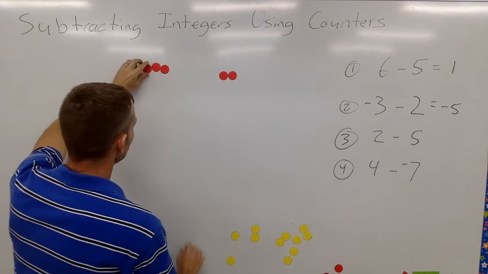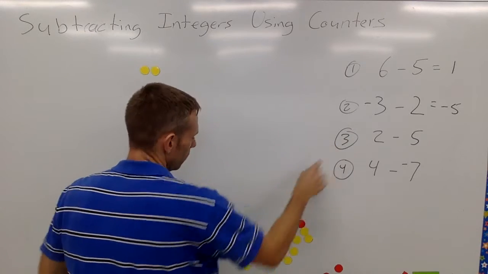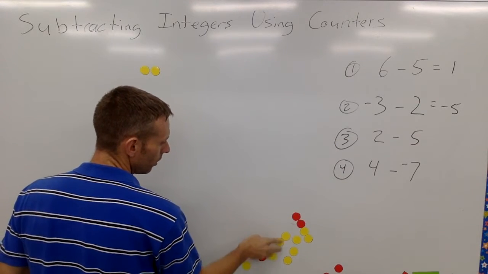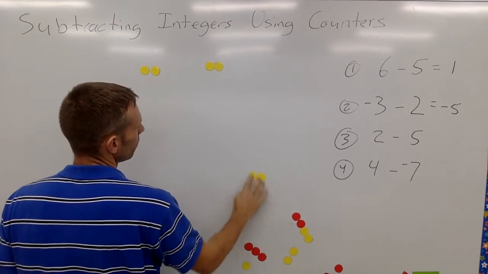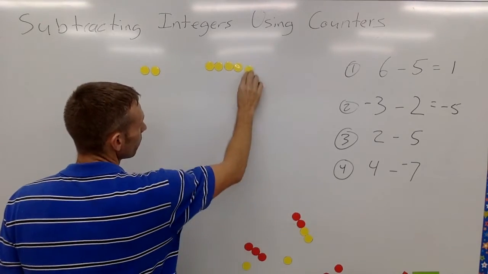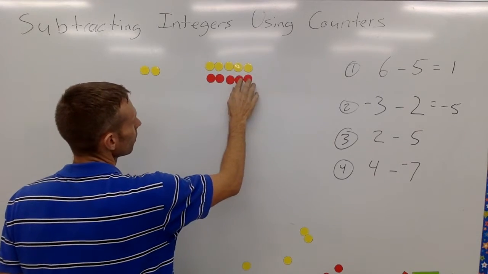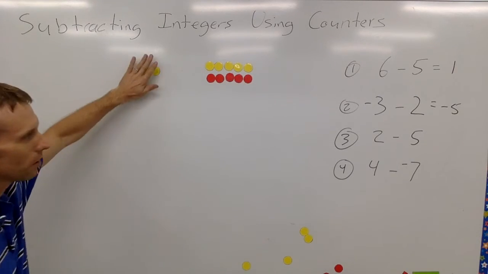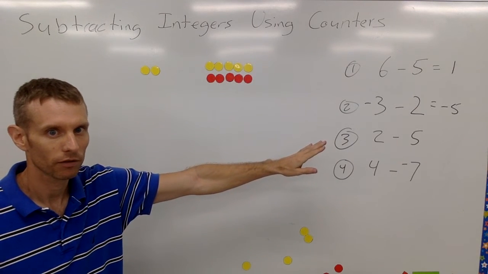Let's try another one. Say I start out with positive 2, and I'm going to take away positive 5. 1, 2, 3, 4, 5. I'm going to make my zero pairs. I have a positive 2, and I'm going to take away a positive 5.